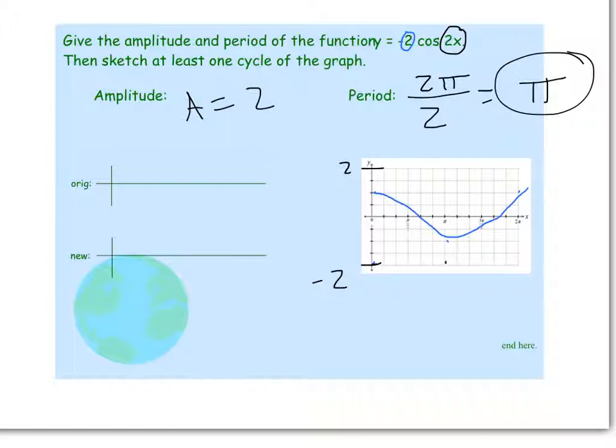But again, this 2x means its period length is pi as opposed to 2 pi. So it'll hit its max, come back down, and then it will repeat again. And once again, we see that it's completing periods of its graph faster, twice as fast. That's why b is 2, okay?